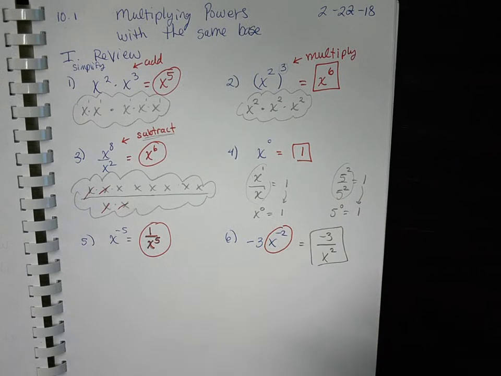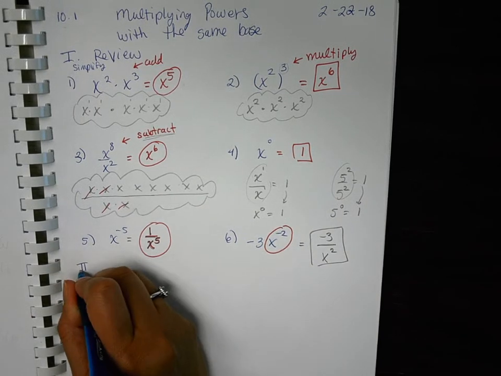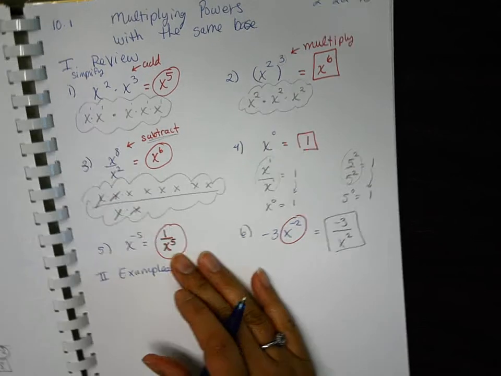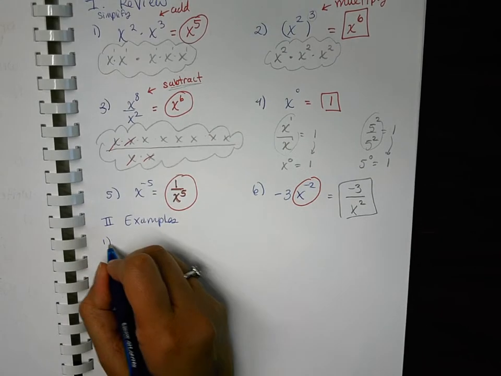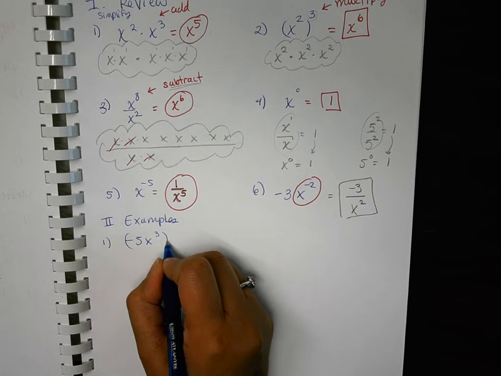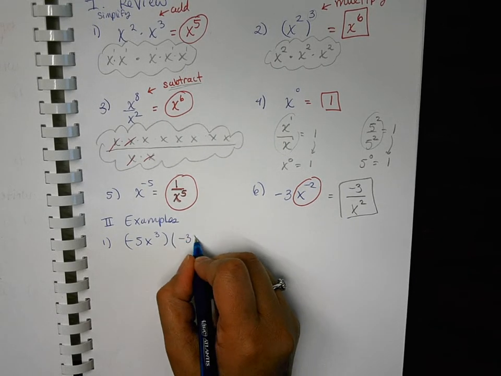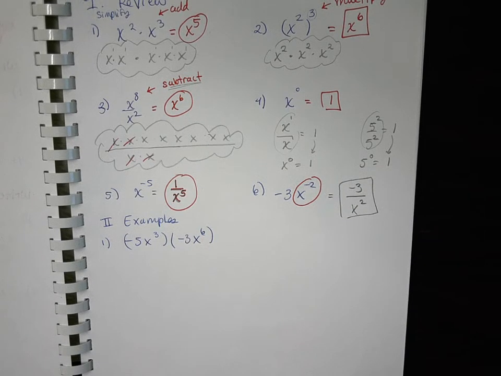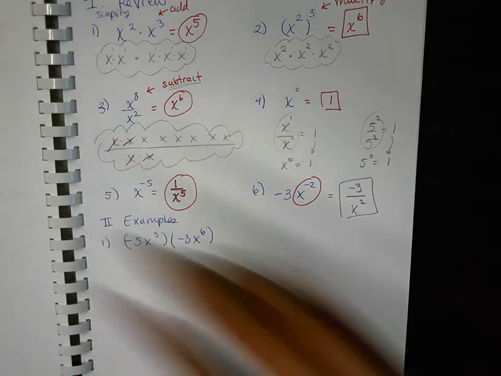Okay. New stuff. Examples. And I'm not really going to call it new stuff because it says still review. Number 1, negative 5x to the 3rd power times negative 3x to the 6th power. All right, what do you do with the bases? You multiply like terms.